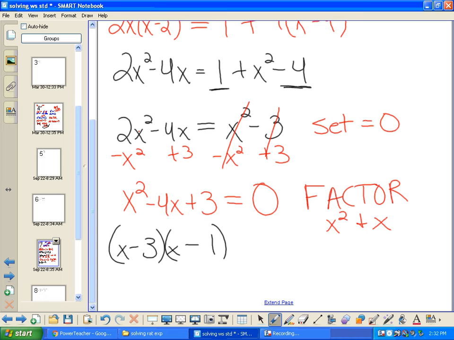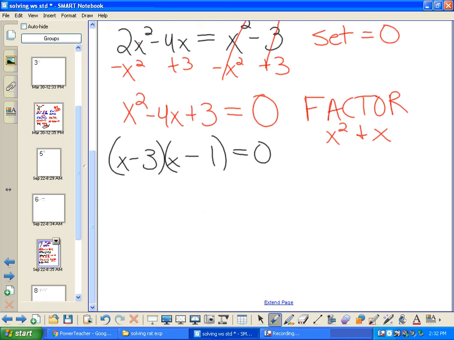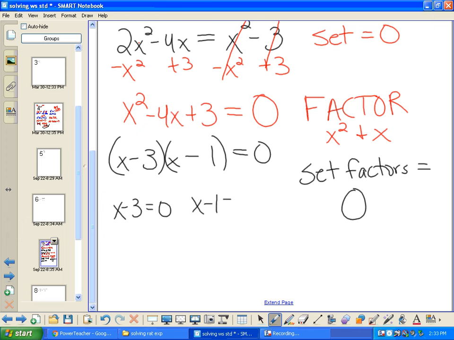A negative and a negative. Now, set factors equal to 0 to solve. So x minus 3 equals 0, x minus 1 equals 0. To solve here, you add 3 to both sides, so x equals 3. To solve here, you add 1 to both sides, so x equals 1.